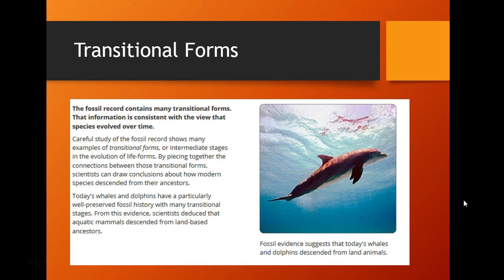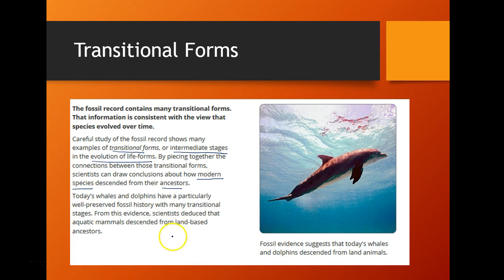When looking at fossil records, transitional forms are actually very important. Transitional forms help geologists and scientists really piece together the big picture. Another way to explain them is that they are intermediate stages in the evolution of life forms. They help draw conclusions about how we get modern species from their ancestors.